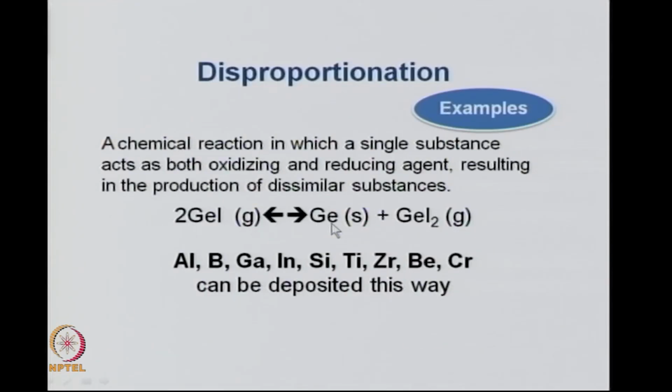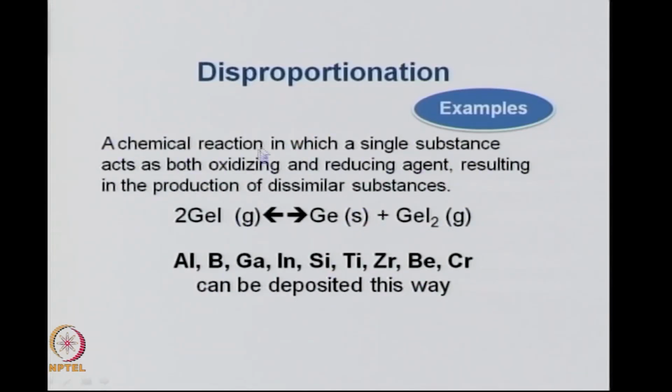That means 2 molecules of germanium iodide, both having +1 ions, will give rise to 1 ion of 0 oxidation state, which is the metal and which deposits on the substrate and forms the film of germanium, and the other germanium becomes germanium +2 and reacts with iodine to form germanium diiodide, and this germanium diiodide is a gaseous species and is taken out through the exhaust.